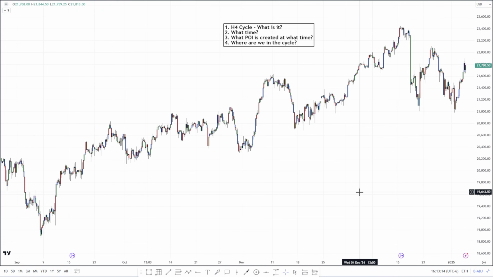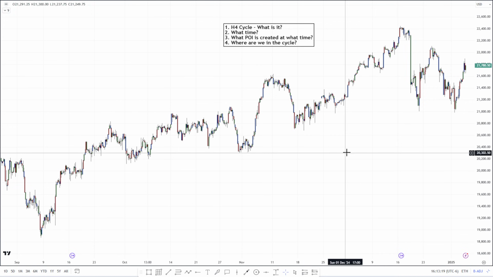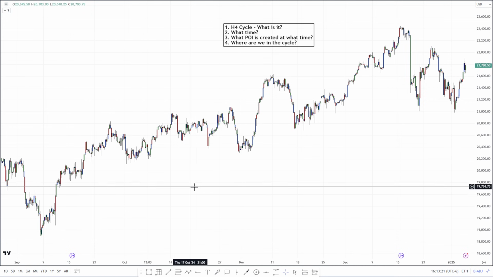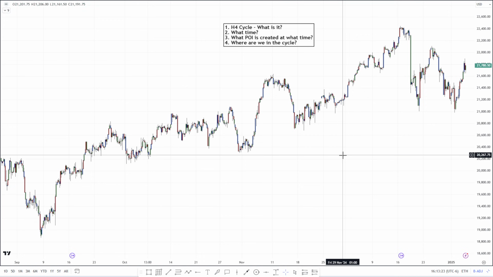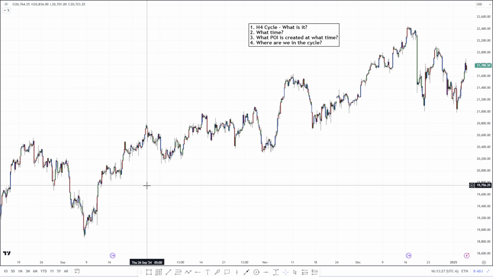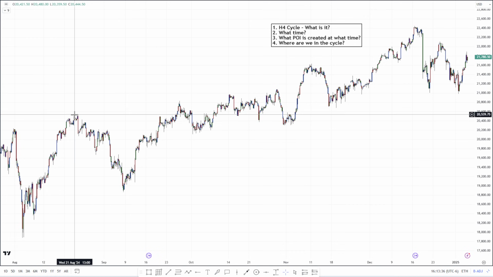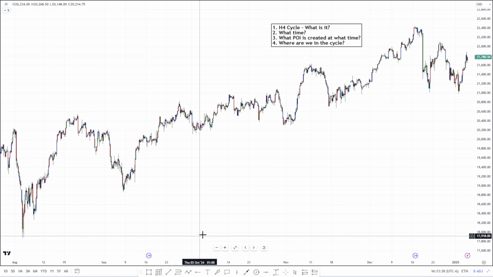When we start looking at the 4 hour chart, if we kind of zoom out and take a broader look, we can see that there are cycles that are created. Okay, and that would typically be like a high and lows that are put in.